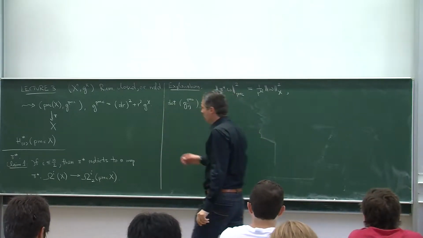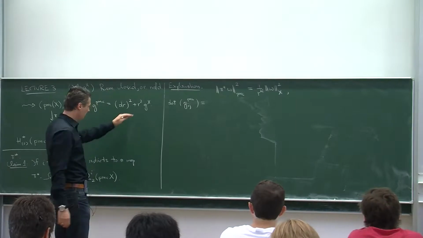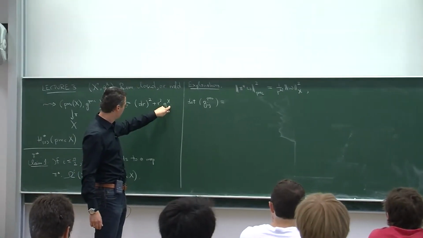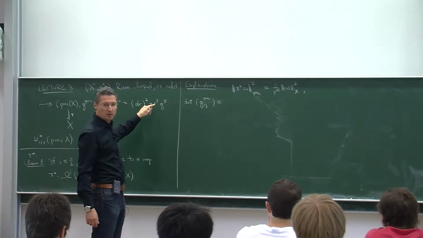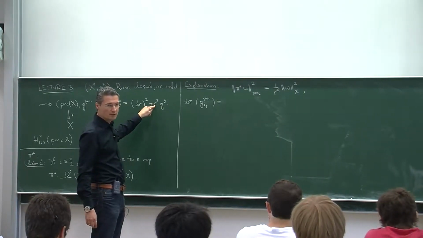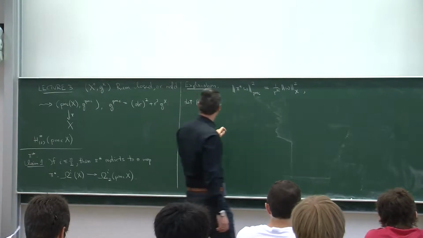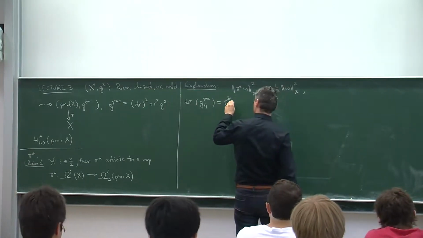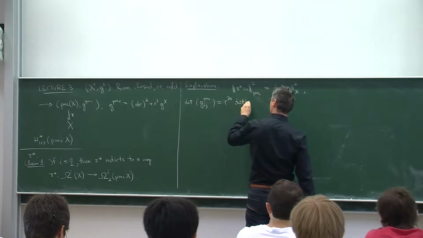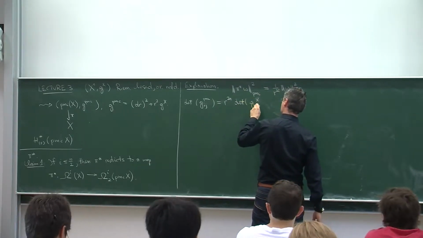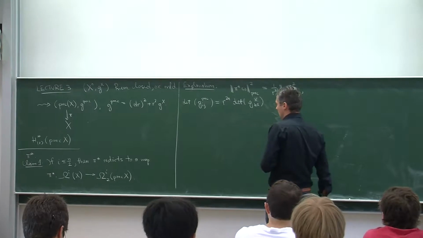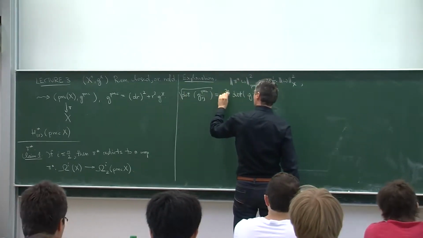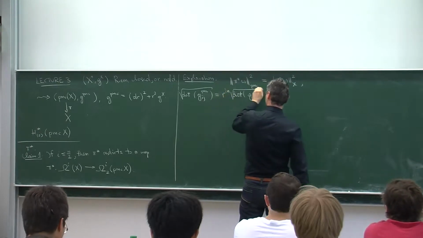Now, if you look at this metric, there will be n rows coming from this, each of which is multiplied by r squared. So the determinant gets multiplied by r to the 2n times the determinant of g_X. And therefore, if you take the square root, it looks like this.